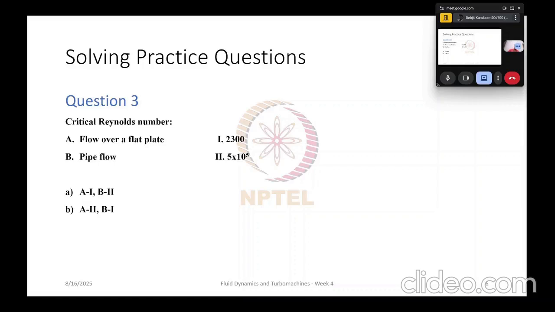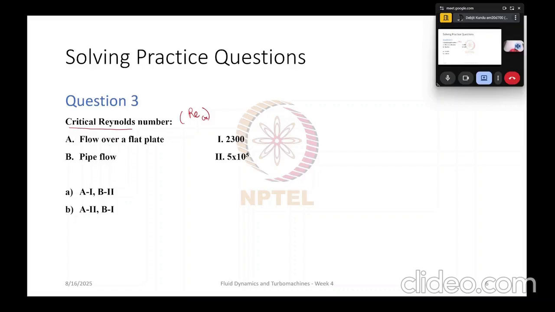So the clue over here is: what is the critical Reynolds number, also written like this, Reynolds number CR, for each of these two cases.